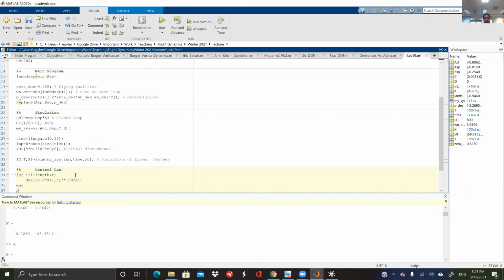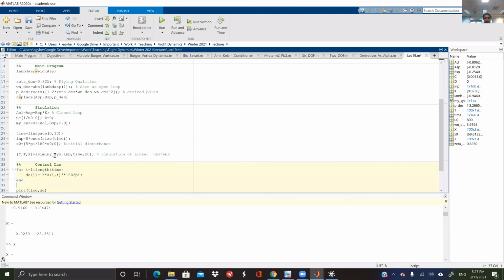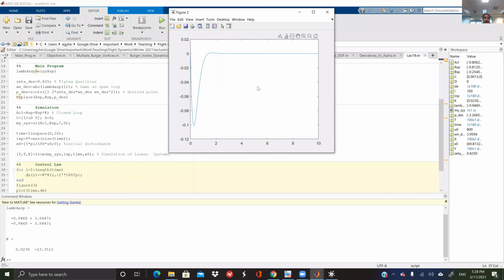So let's now plot T and delta elevator. Oh, this is T, it was time, right? Time or large T is the same. So let's have it as a new figure. Where is the third one? Didn't finish it.